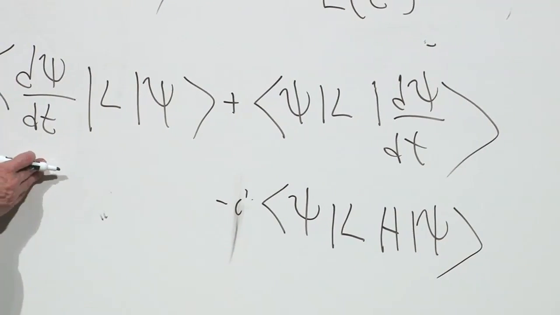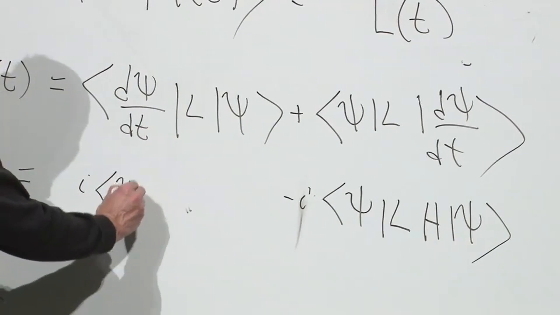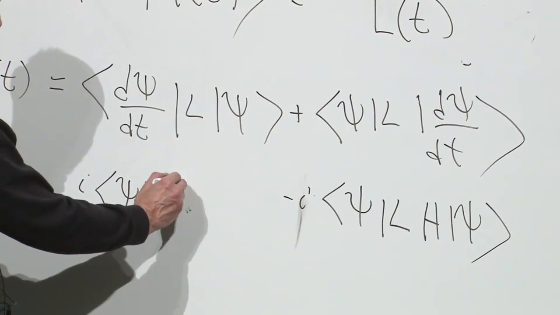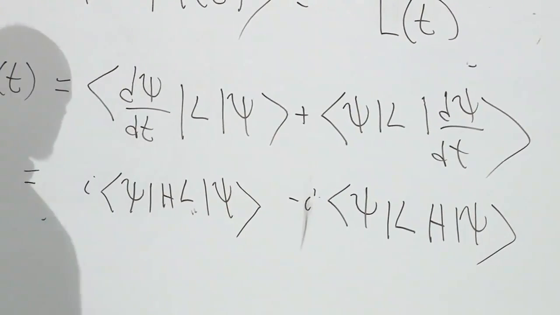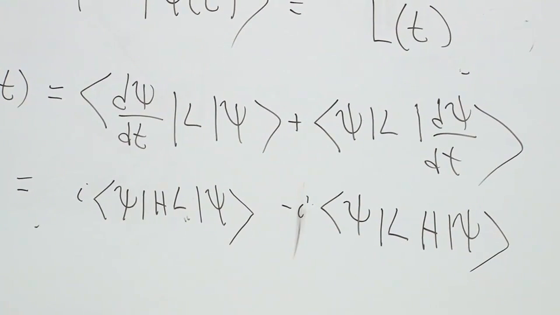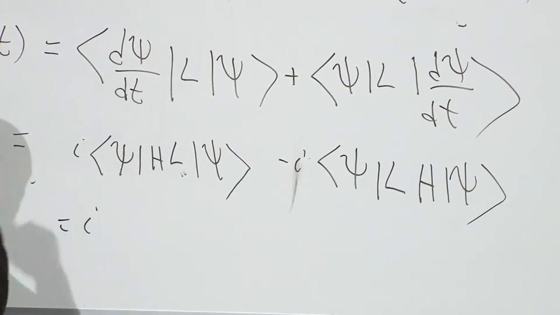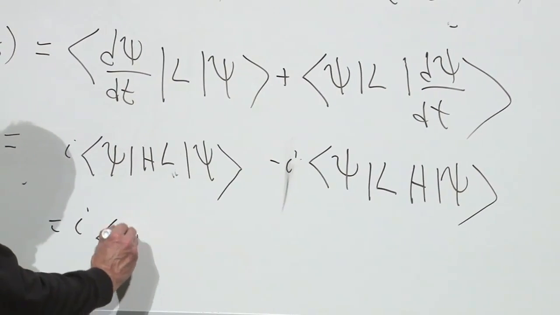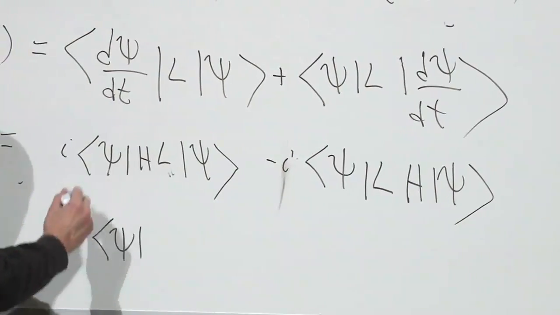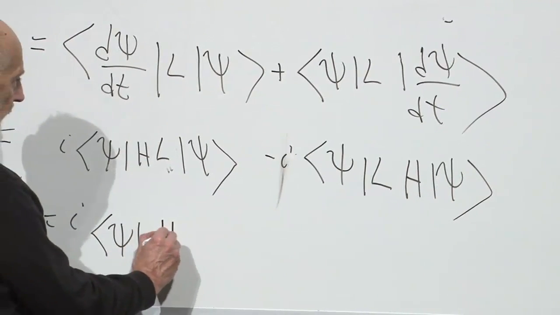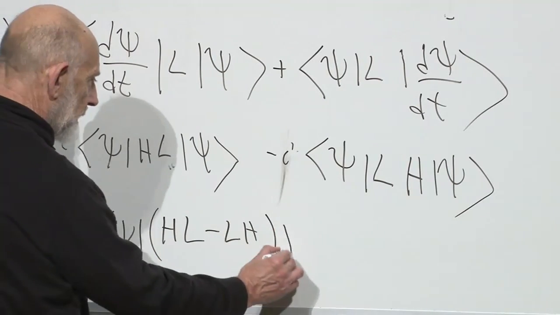The other one is plus i psi H L psi. Or i times the expectation value. We have psi here, we have psi here, i times HL minus LH psi.